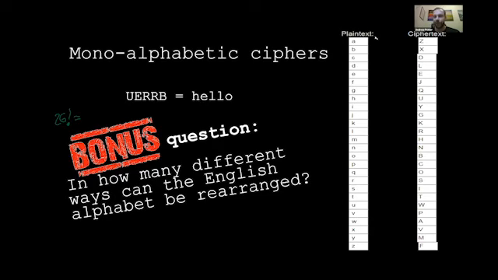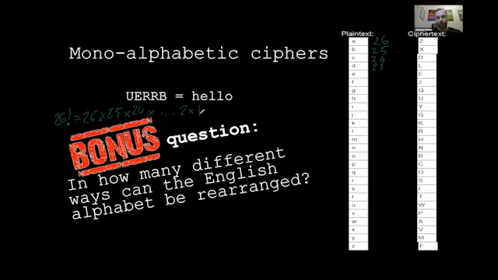So you've got 26 ways of encoding A, then 25 for B, because you've already made 1 choice, and then 24 for C, 23 for D. If you take all of those choices together, you multiply them together. So it's 26 times 25 times 24, all the way down to 2 times 1 at the end.